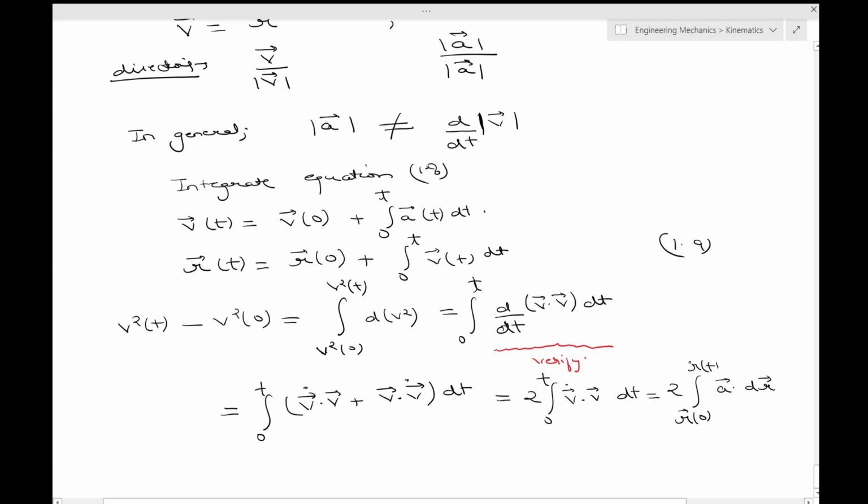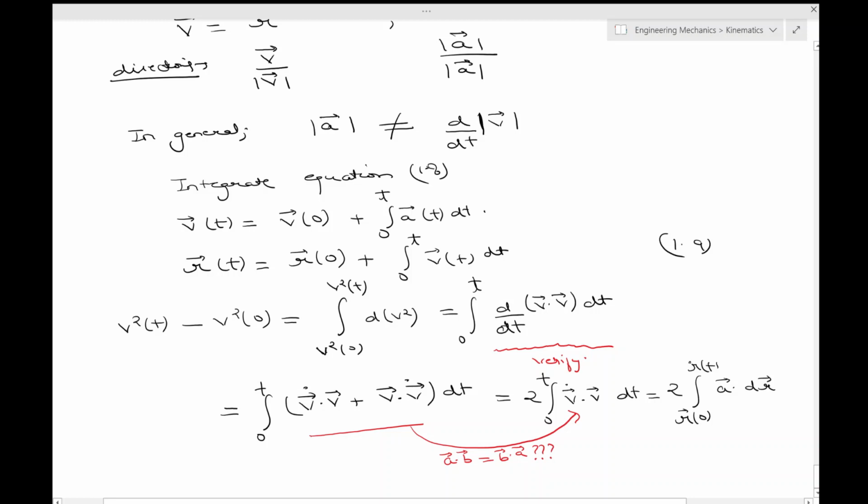The reason is, let's see the reasons. This can be written as this because a dot b is equal to b dot a. What is this property called? There is a name for this property: associative, commutative, distributive, whatever it is.